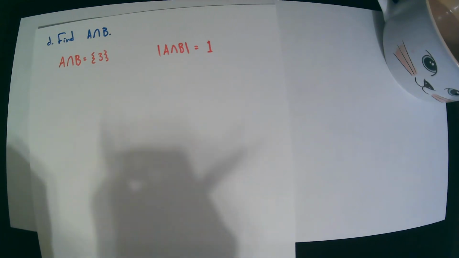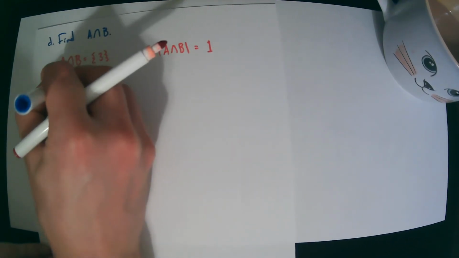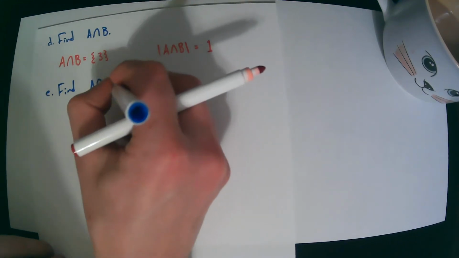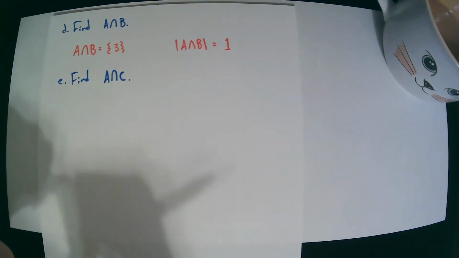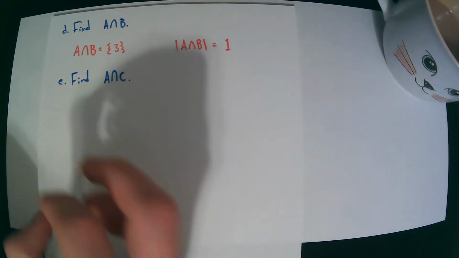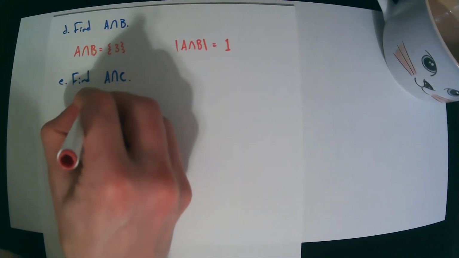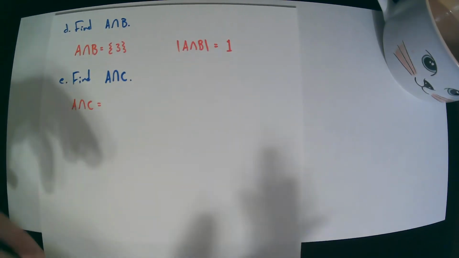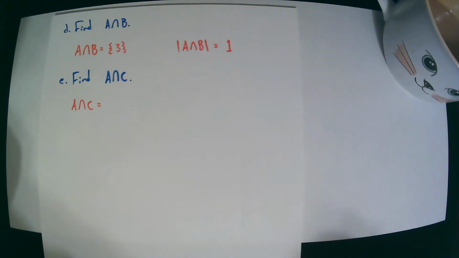Finally, part E says find A intersect C. Now look at A and C. A is 1, 2, 3. C is 6, 7, 8. Do they share anything? The answer is no. So what is in the set? Nothing. So what is the set?